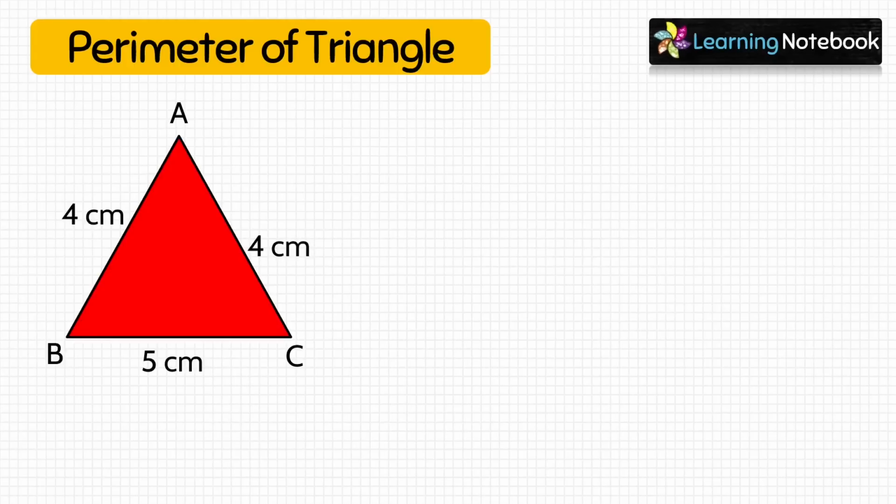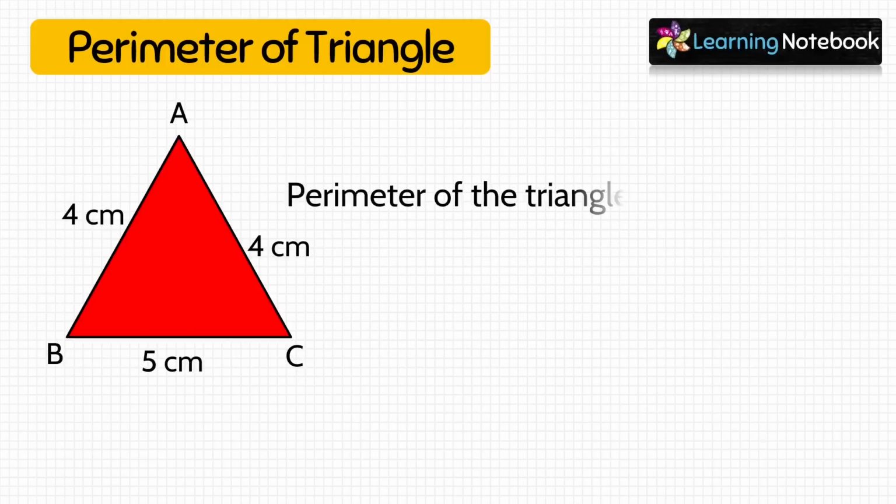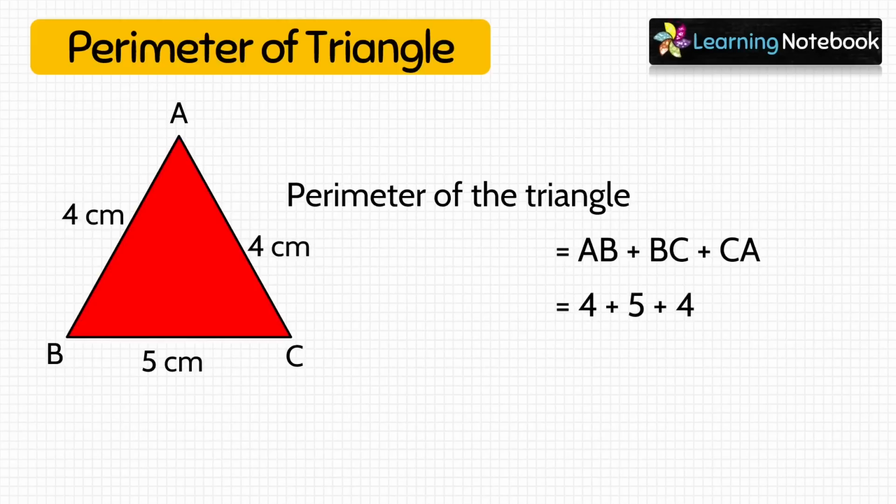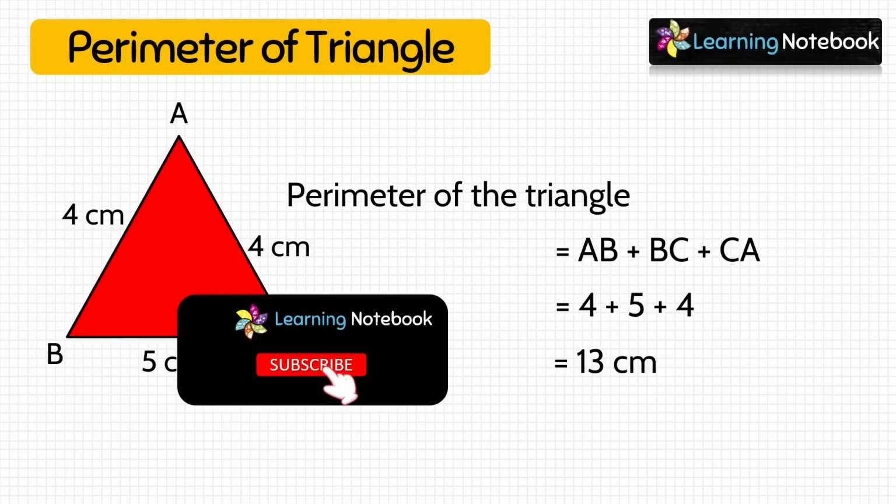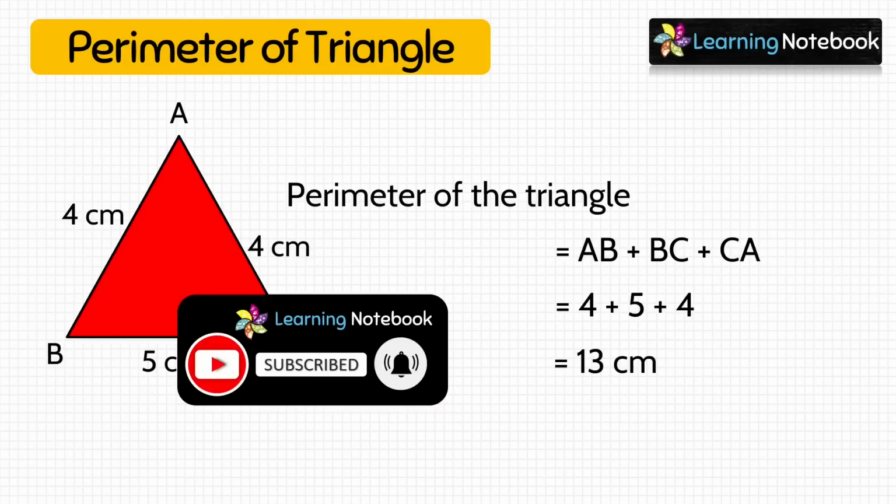So how do we calculate its perimeter? As I told you, perimeter of the triangle equal to AB plus BC plus CA. So let's put these values and we get 4 plus 5 plus 4 which is equal to 13. So perimeter of this triangle is 13 centimeter.